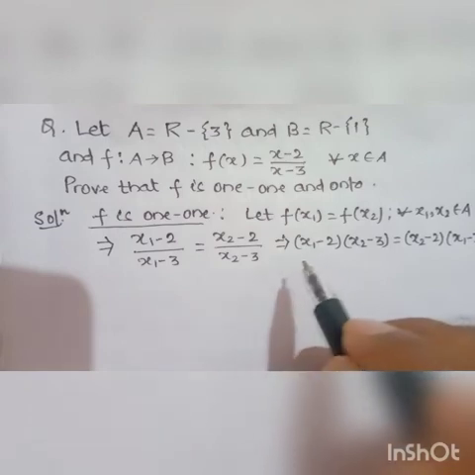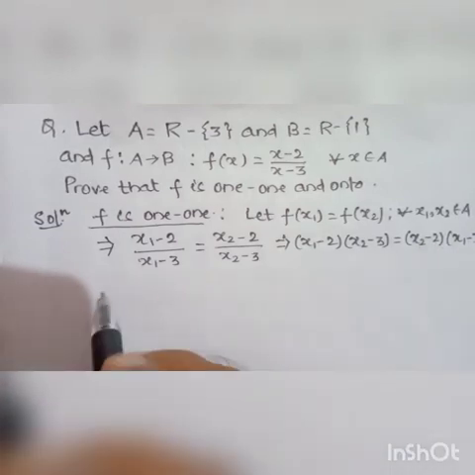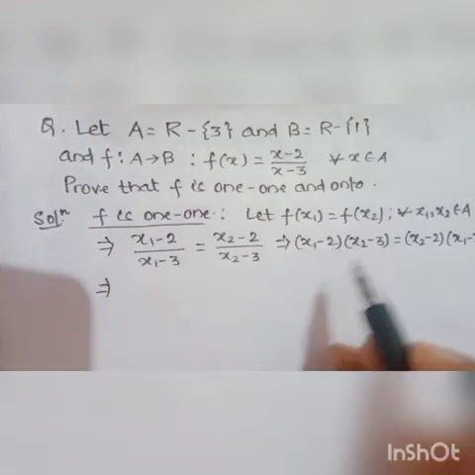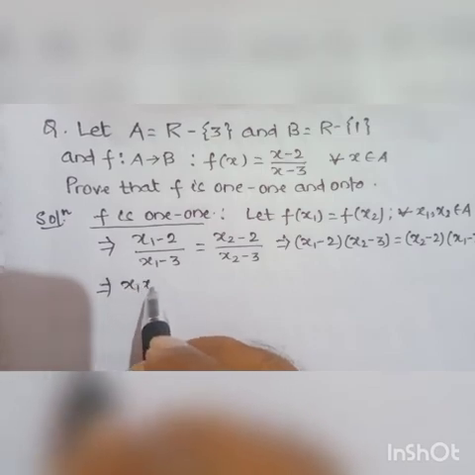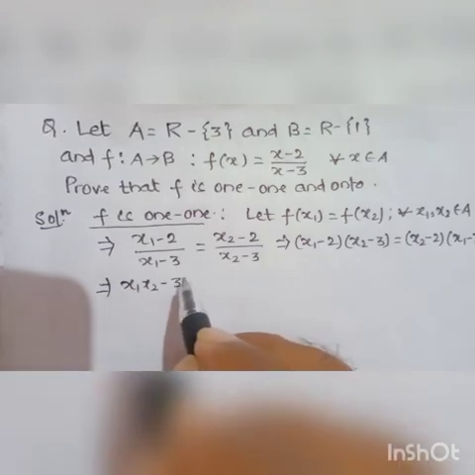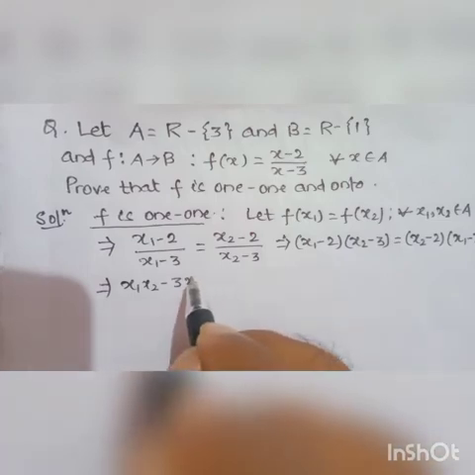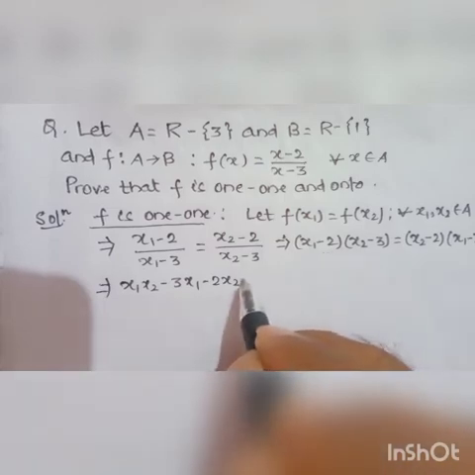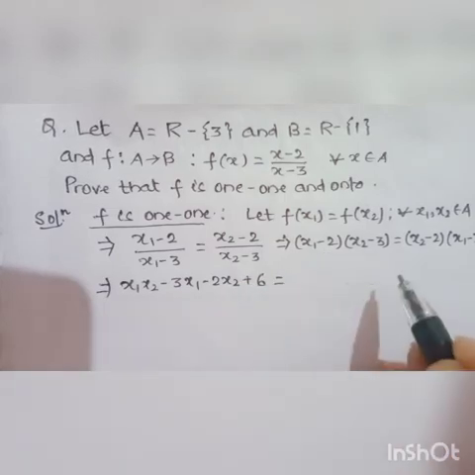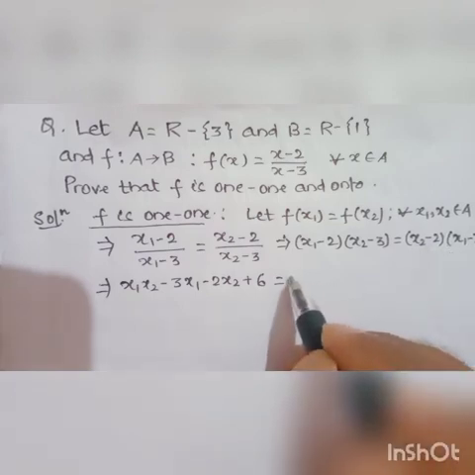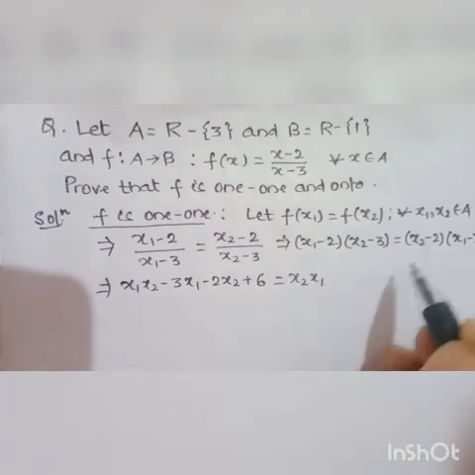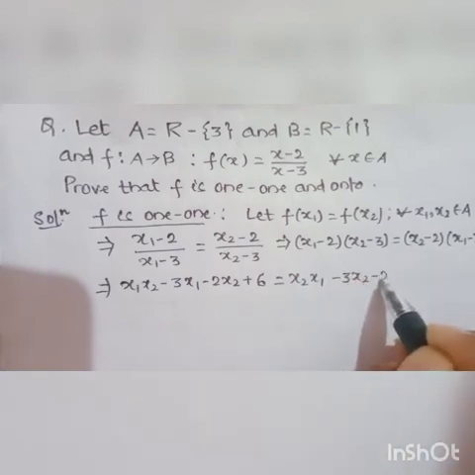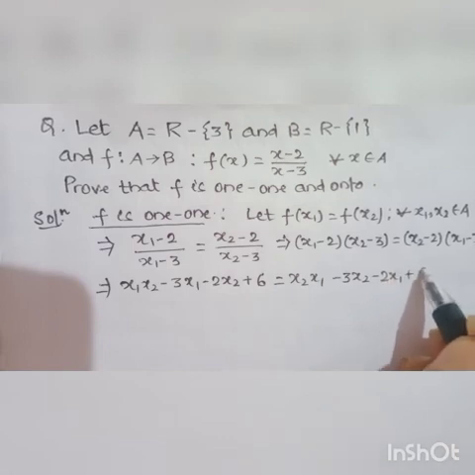Simply cross multiplication. Now multiply term to term: x1 x2 minus 3x1 minus 2x2 plus 6 equals x2 x1 minus 3x2 minus 2x1 plus 6.